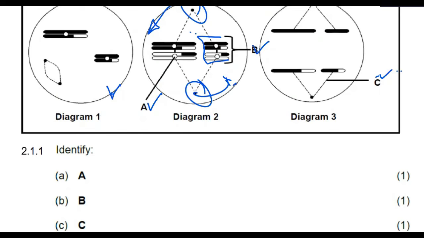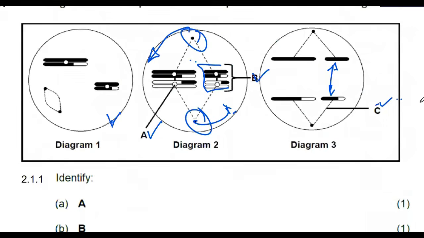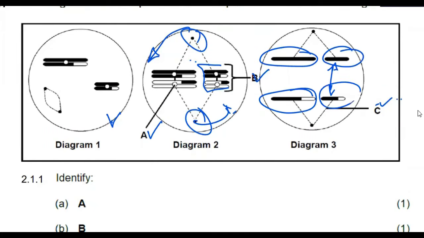Therefore, it is anaphase. But which is it, anaphase 1 or anaphase 2? Because now there are chromatids moving to opposite poles, it's going to be anaphase 2.